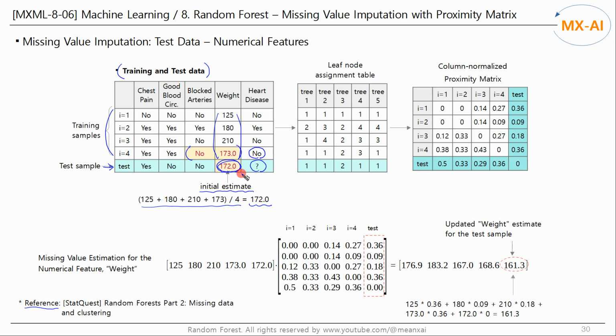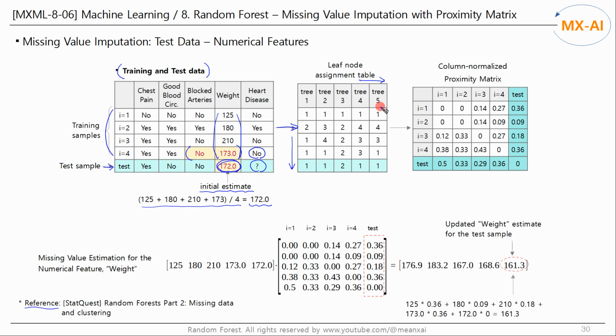Next, we pass both the training samples and the test sample through the trained random forest model. We then create a leaf node assignment table like the one shown here. The rows correspond to the training and test samples, and the columns correspond to the trees in the random forest.